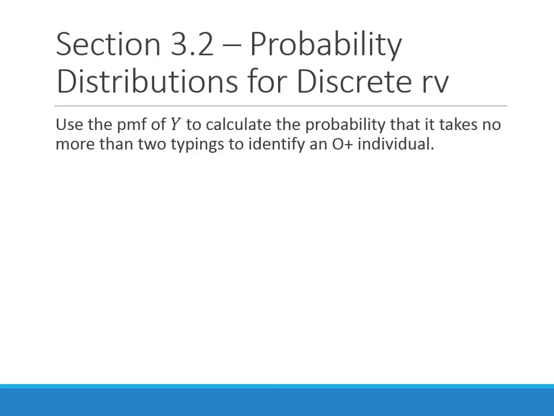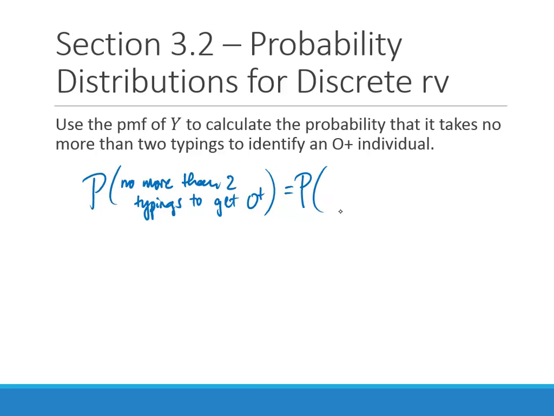So the probability that it takes no more than 2 typings to get someone with O positive blood. What possible values of Y is that going to involve?